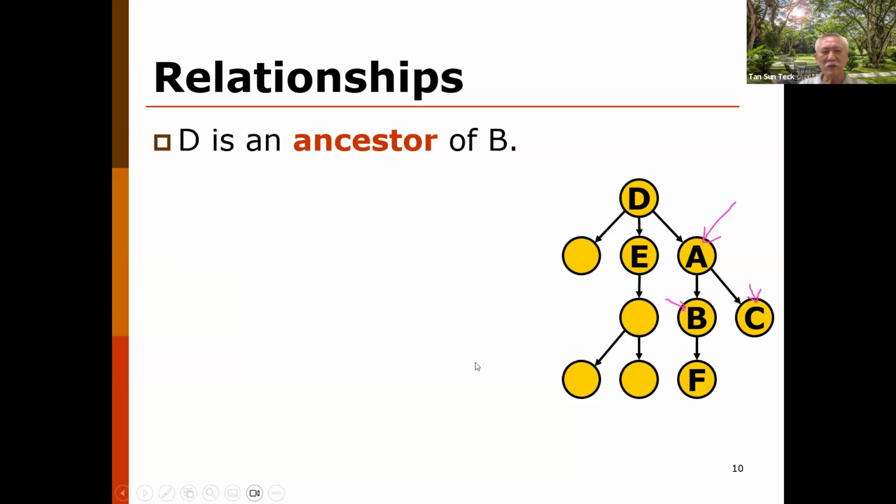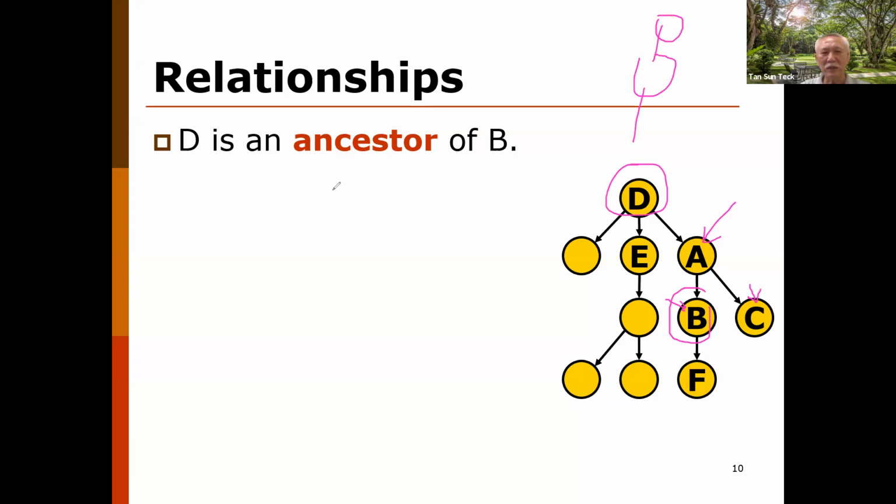Okay, and then of course, parents can be also described as ancestors because parent is just one level. Ancestor could be multiple levels. So we say that D, in this case, is actually the ancestor of B, right? So in our normal terms, we say that D is actually the grandfather of B, but the relationship can be even longer.